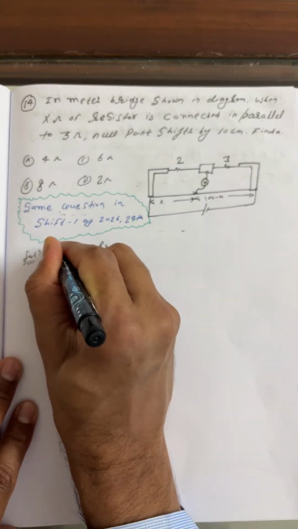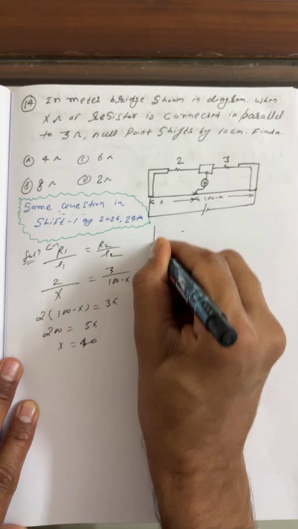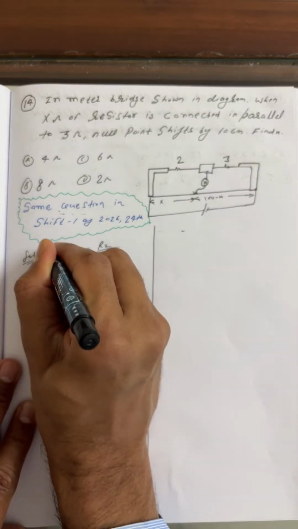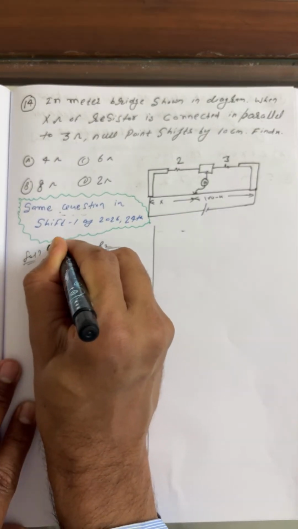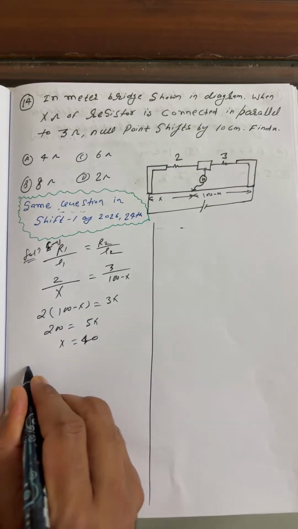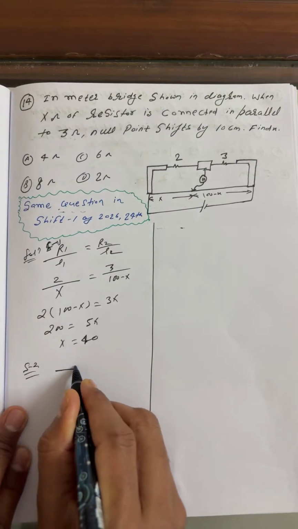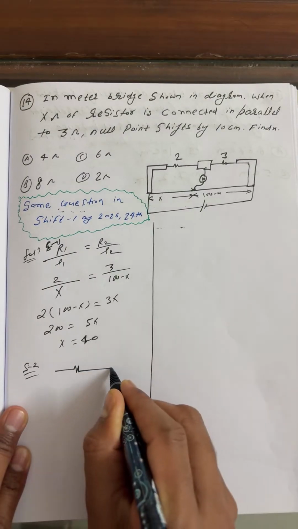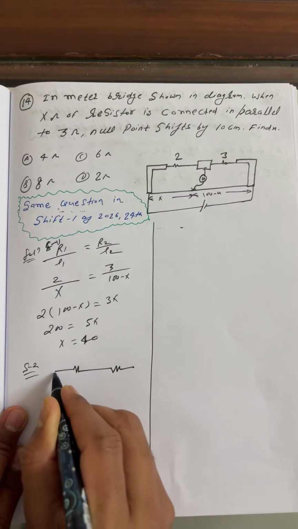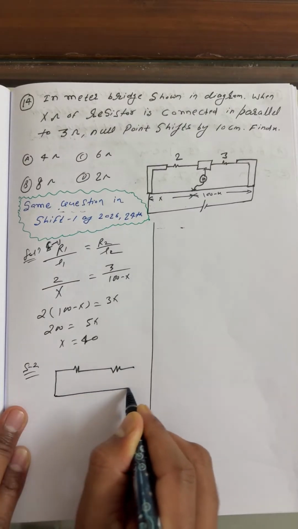This is case 1, or you can also say step 1 for this question. Now in step 2, what does it say? First, I'll draw a diagram. So this is 2, there is no change. This is 3 ohm, right?